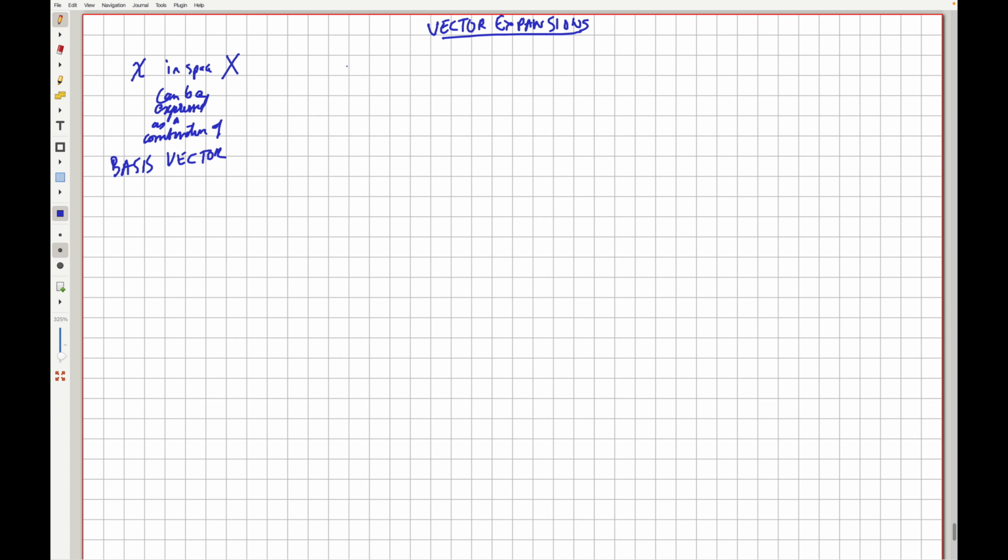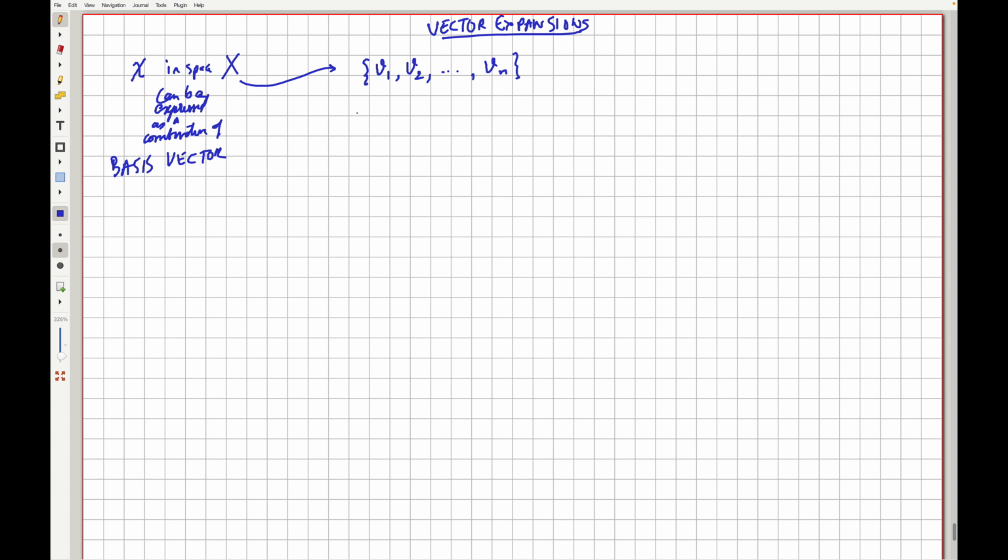Let's say the basis set for this vector space X is given by v1, v2, all the way up to vn, and note that these would all be linearly independent.